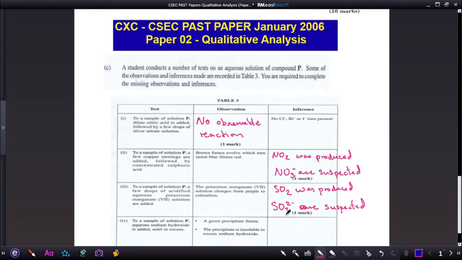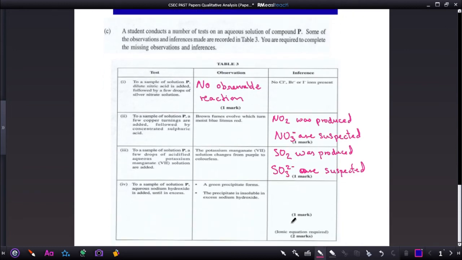Okay? And part 4, to a sample of P, aqueous sodium hydroxide is added until in excess, a green precipitate forms. The only green precipitate formed from the cations that is required at your level is the iron 2+ ion.